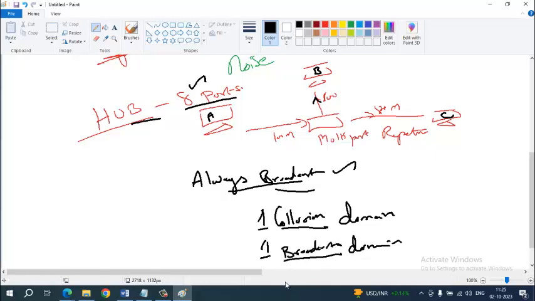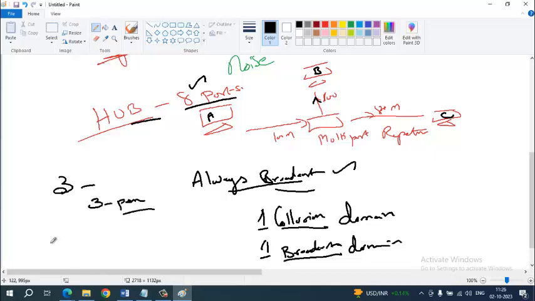So you see, how can we avoid collision? For example, there are 3 children at home. If the 3 children should not fight, what you should do is buy 3 pens.